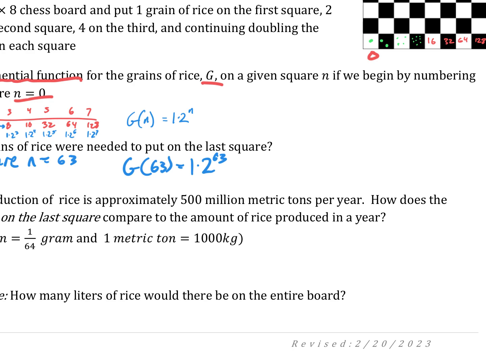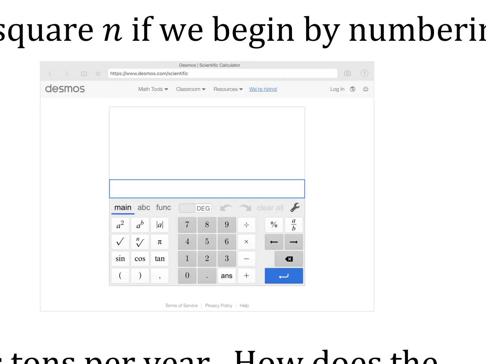All right, and we can go calculate that. So let's get our calculator going. We don't need the 1. We've got 2 to the 63rd power. That's the grains of rice. This is scientific notation.